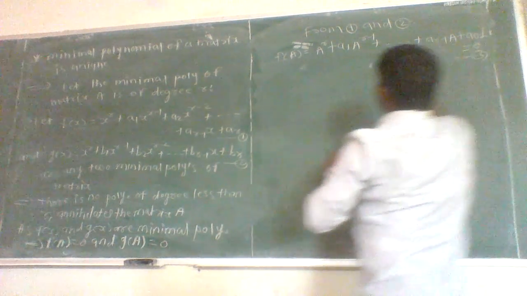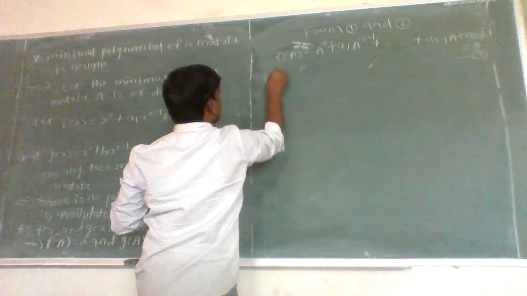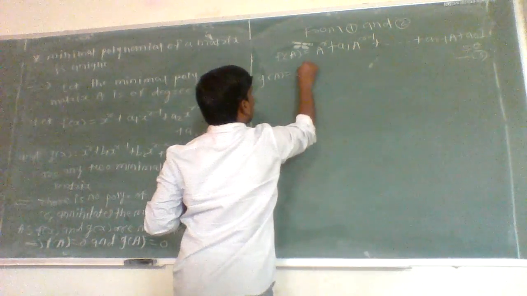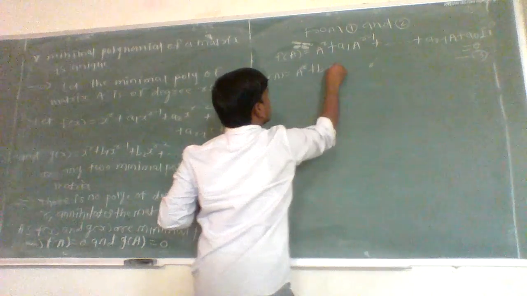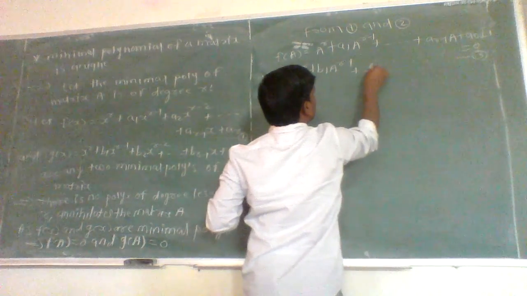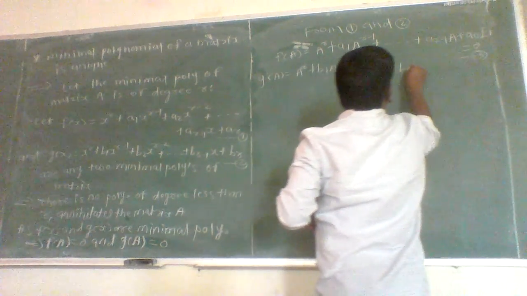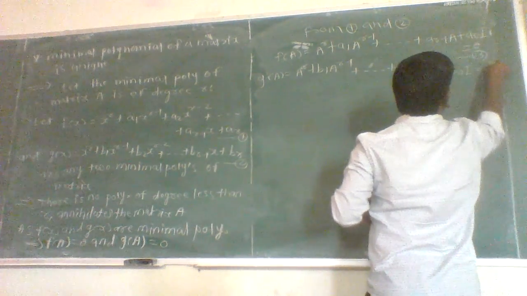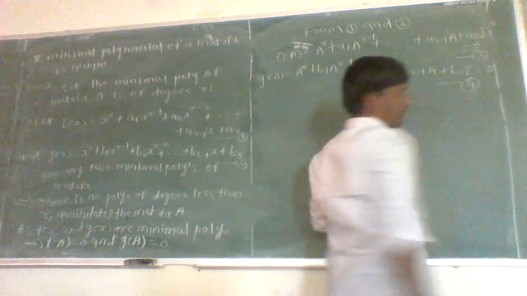This is equation 3. And g of A is A to the power r plus b1 A to the power r minus 1 plus up to so on b r minus 1 A plus b naught I is equal to 0. This is equation 4.